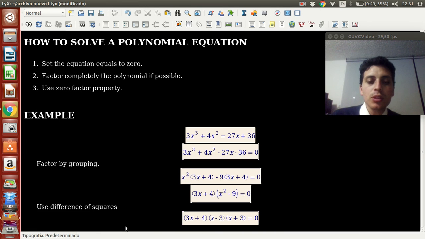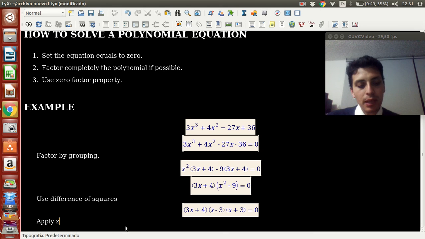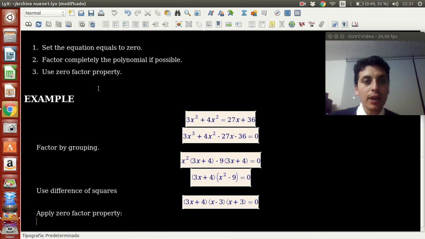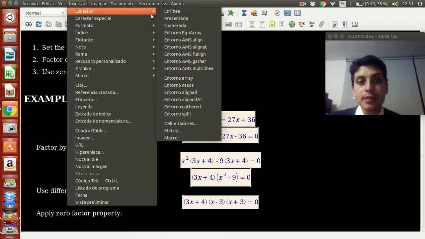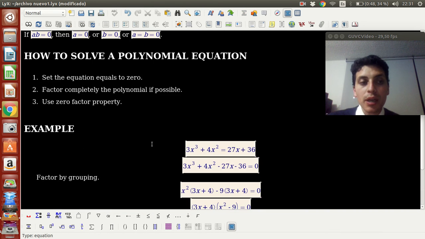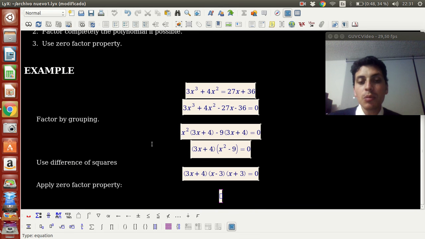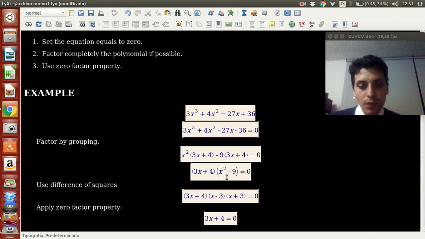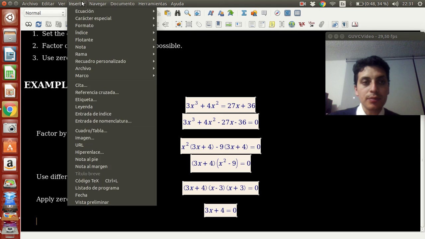Now we're going to apply the zero factor property, which says each factor should be equal to 0. If a times b equals 0, a equals 0 or b equals 0. So the first factor, 3x plus 4 equals 0. What is the answer here?